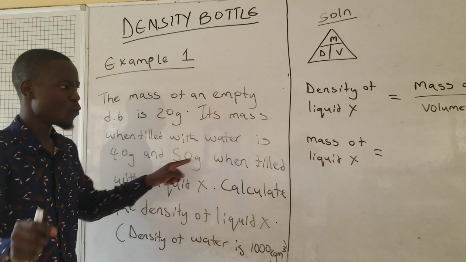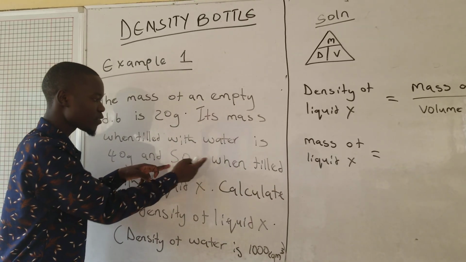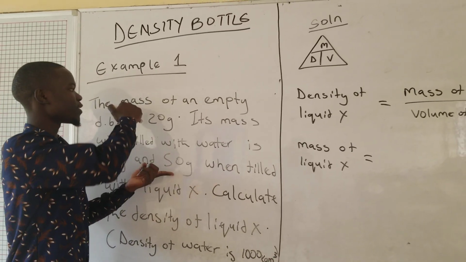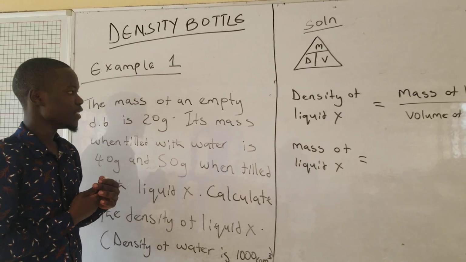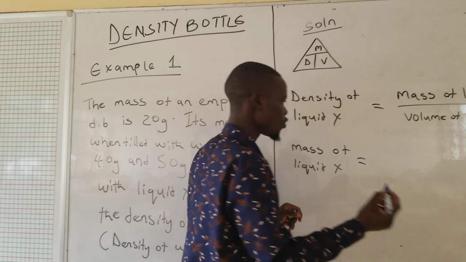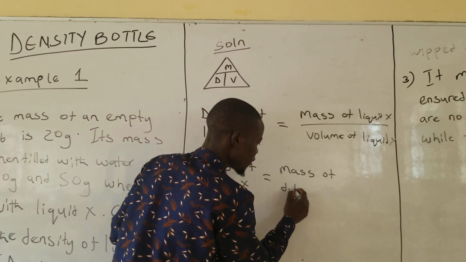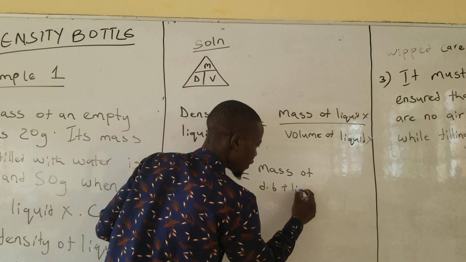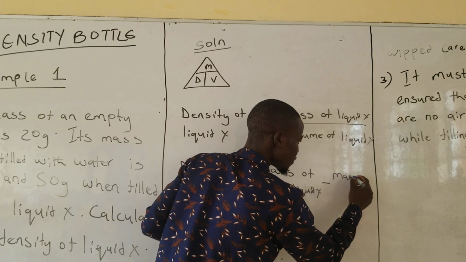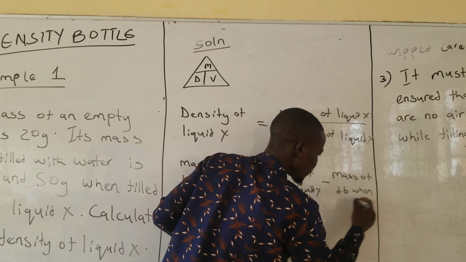And what are we in need of? We are in need of the mass of liquid X. Therefore, we'll take the mass of the density bottle filled with liquid X, then we subtract the mass of the empty density bottle to get the mass of liquid X. So you write mass of density bottle, that is dB, plus liquid X, minus mass of density bottle when empty.